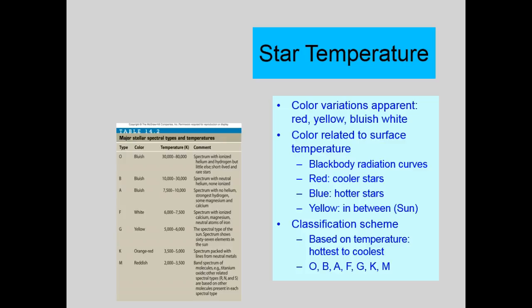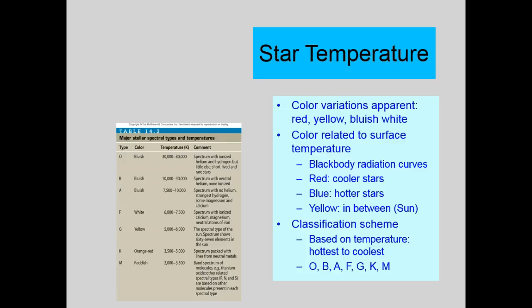And this shows these letters down here and what they correspond to. The type O stars, they are definitely bluish white. Very hot. Their average temperatures vary from 30,000 K to 80,000 K.